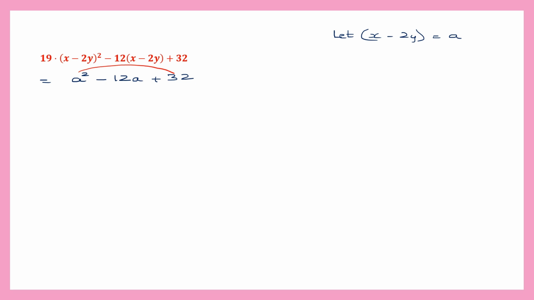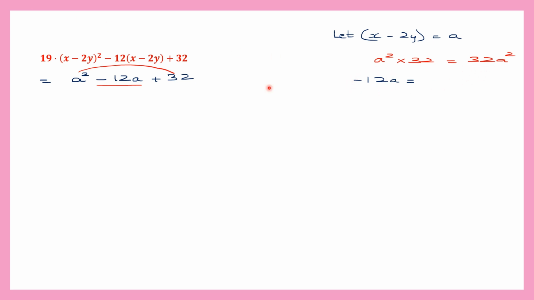So a square into 32, which will give us 32a square. Now let's take the middle term minus 12a because that is what we're going to split. So minus 12a. Now here we need to get two terms that when we add we get minus 12 and when we multiply we get 32.